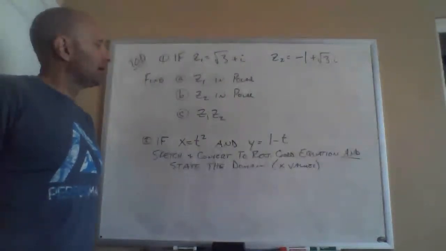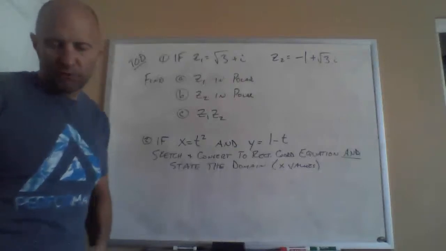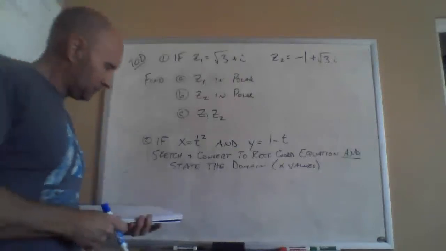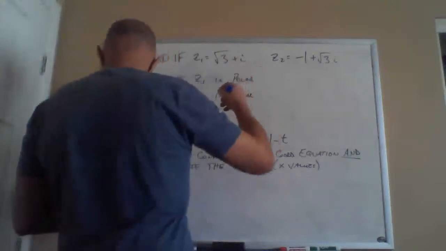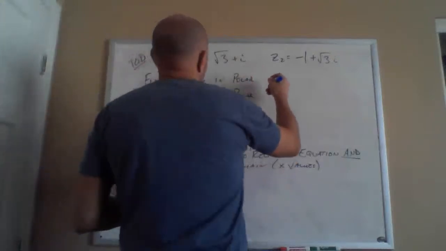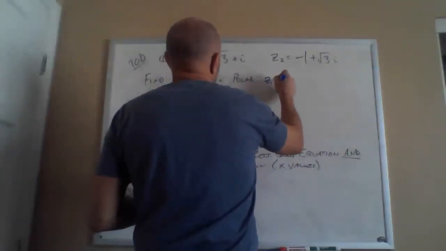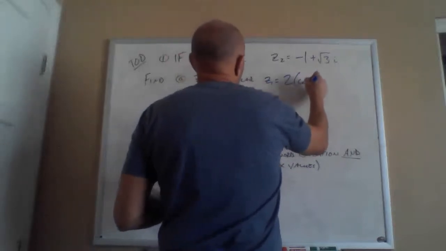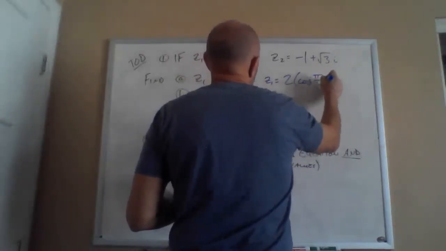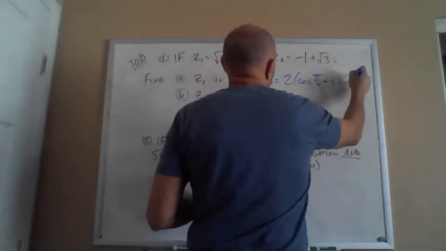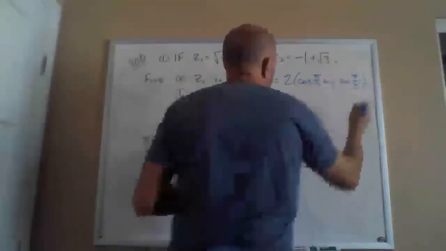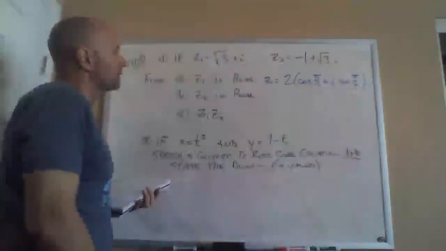So I'll give you guys the answers. Again, if you have them, it's good. For the first one, Z1 in polar form is 2 cosine of pi over 6 plus i sine of pi over 6.